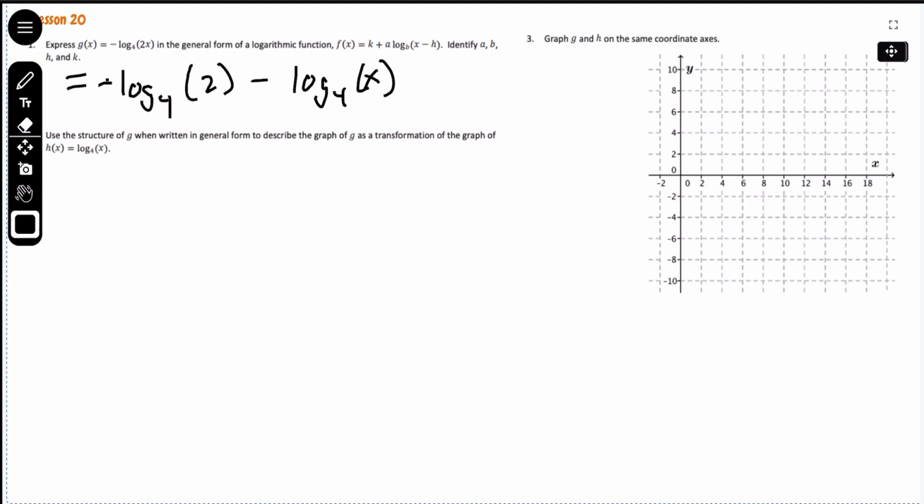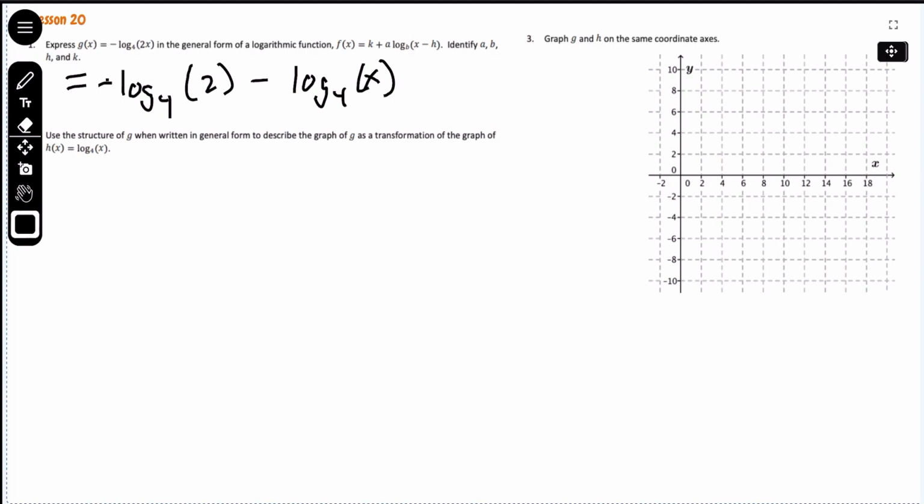Okay, that can get a little confusing because if you were to put those back together, you have to be careful to not make that a positive log. I really can't tell you a good way to do that, honestly.